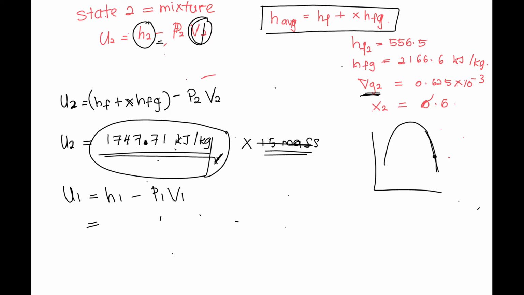You need to remember here, this H is Hg at 5 bar, and this one is Vg at 5 bar. Why? Because Hg, specific g, means the specific enthalpy at steam. We are just interested in steam because again it's on the saturated steam. So the formula here is Hg minus P2 and Vg.